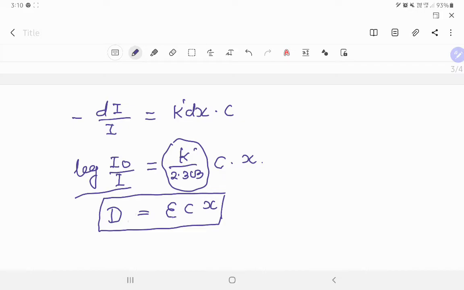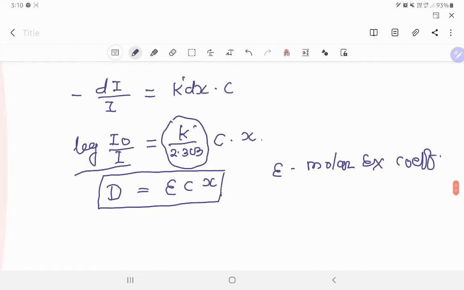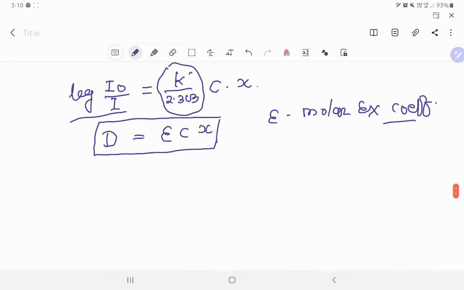Optical density is equal to epsilon C x, where epsilon is the molar extinction coefficient. C is the concentration of solution in mole per dm cube. x is the thickness of absorbing medium. Now we will define this molar extinction coefficient. There is a standard method to define any constant in an equation.